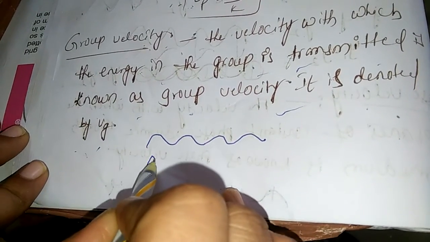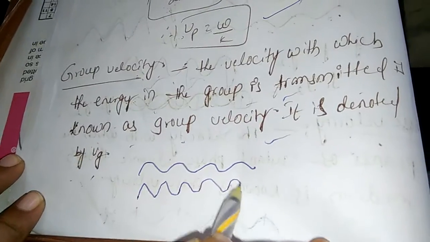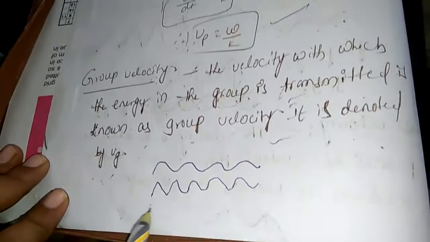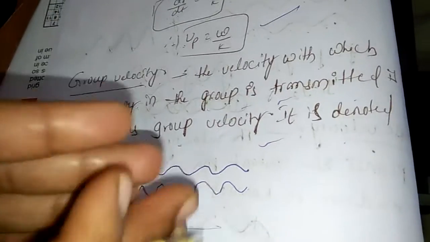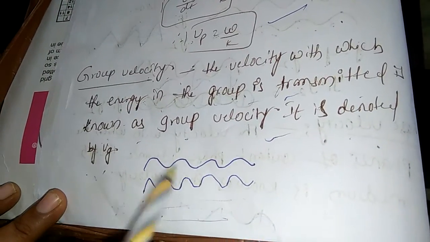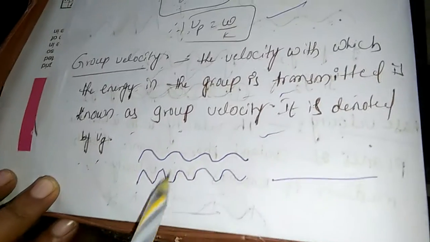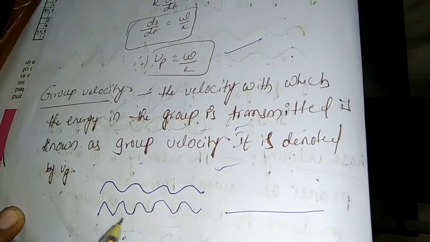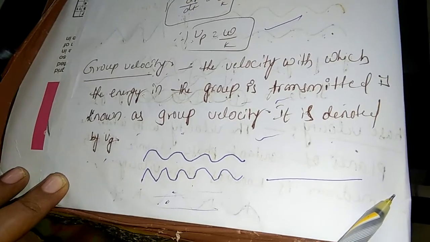Suppose another wave travels with another amplitude or another frequency. If these waves travel, they meet at a point and superpose with each other, and they are transmitted in the air.